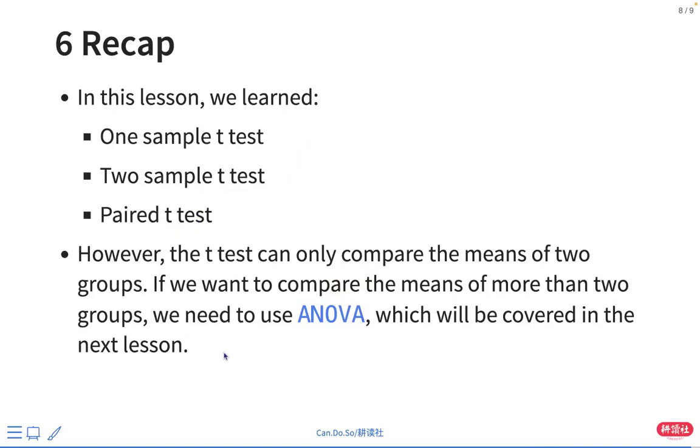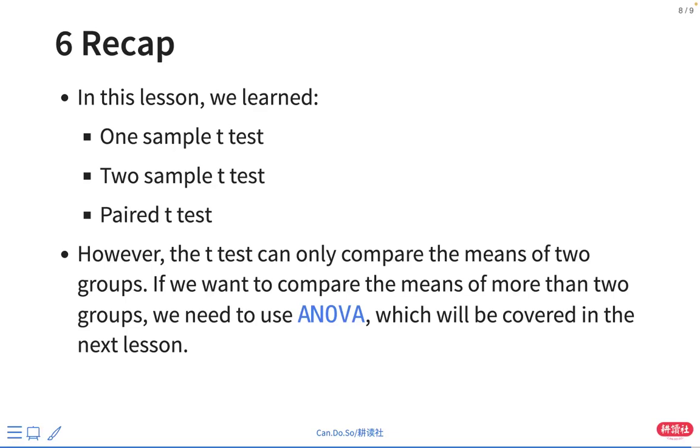However, the t-test can only compare the means of two groups, which means what if we want to compare three groups, for example, three continents. Just now we just compared Asia and Africa. What if we want to compare Asia, Africa, and Europe, or even more?